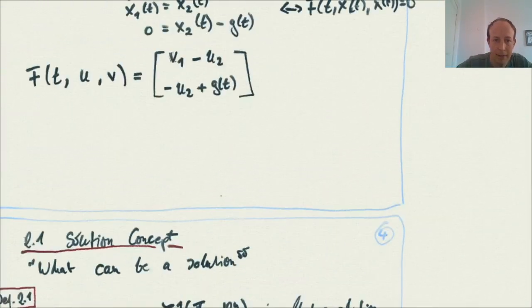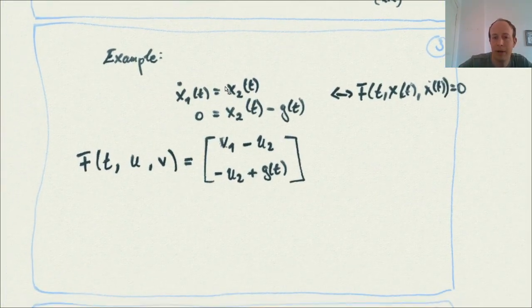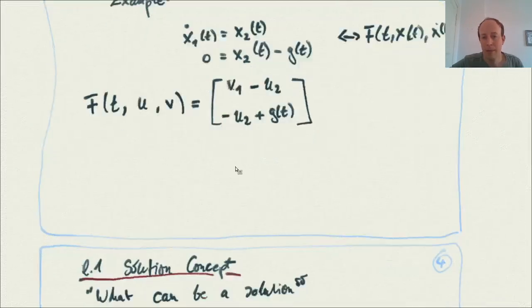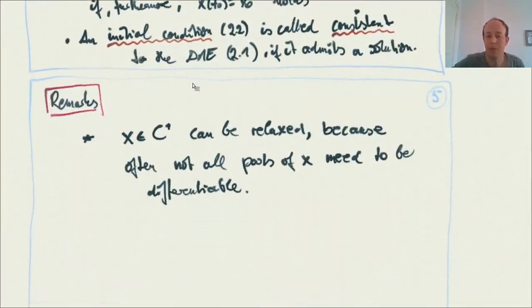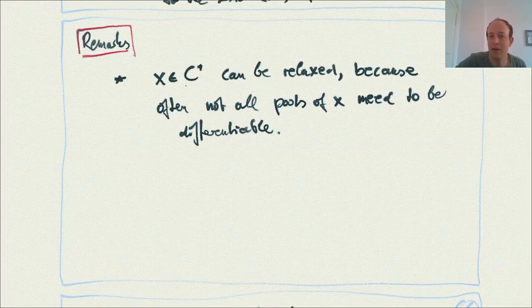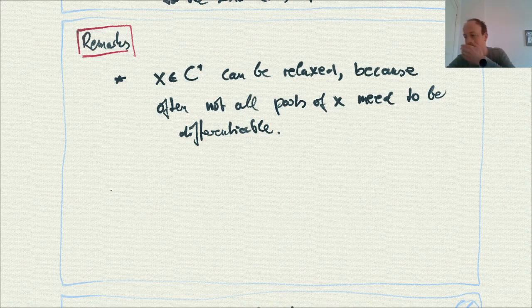Think again of this example. Here you see we don't have a time derivative on the x2, so in order to make sense of these equations, we wouldn't need that x2 is continuously differentiable. But in order to have the most general theory, we just stay with x in C1, and if you really consider particular problems, then you might differentiate at this point.